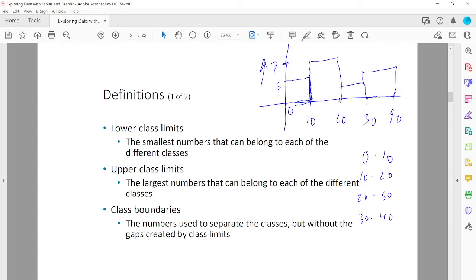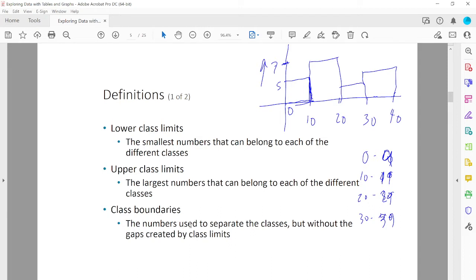Sometimes we can just say, okay, I want to take data from 0 to 9 in the first interval, 10 to 19 in the second interval, 20 to 29 in the third interval, 30 to 39 in the fourth interval. In that case, you can see that 0, 10, 20, 30 are lower class limits. 9, 19, 29, 39 are upper class limits, the largest numbers that can belong to each of the different classes.